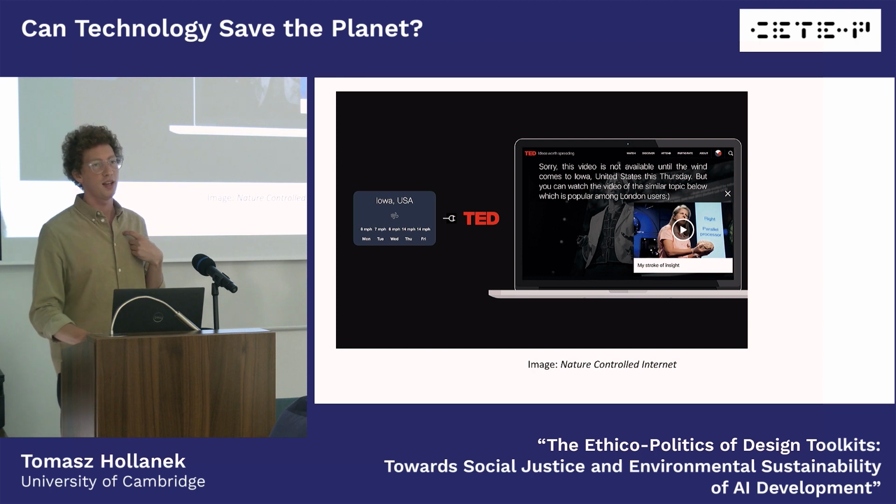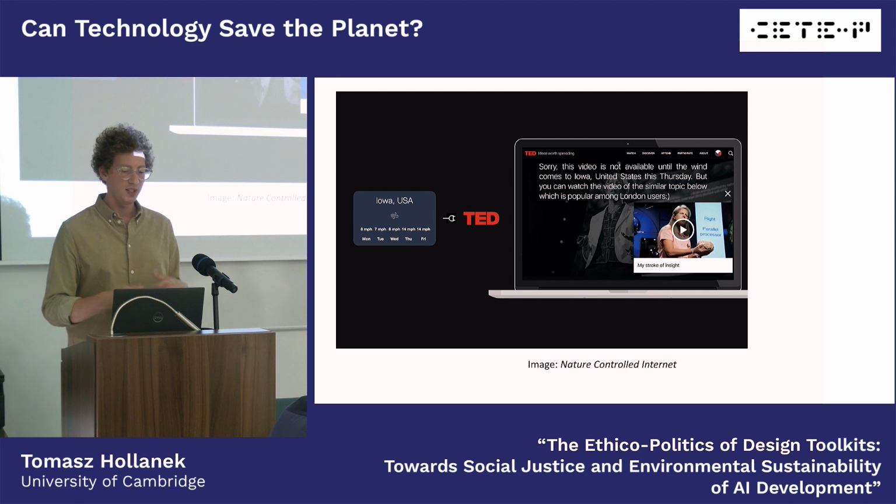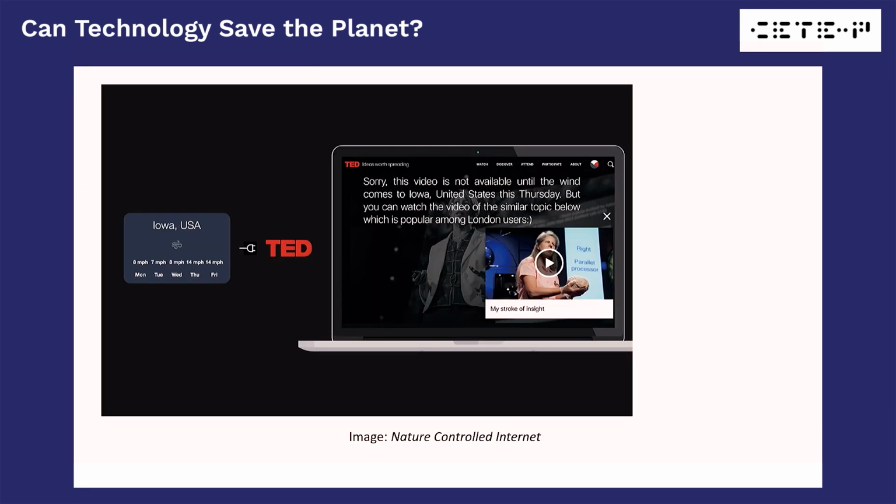And as an example of what this kind of designing could lead to, this is a project that Louis points to as an example of what kind of results you might achieve if you follow this kind of tool. So this is a nature-controlled internet. So the idea that your connection is better or worse depending on whether natural energy resources are available in your area.